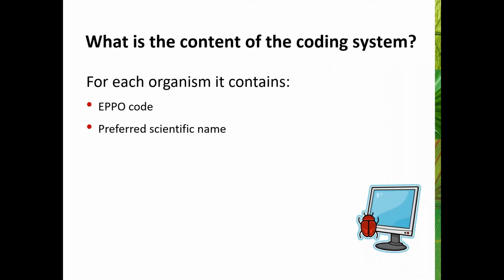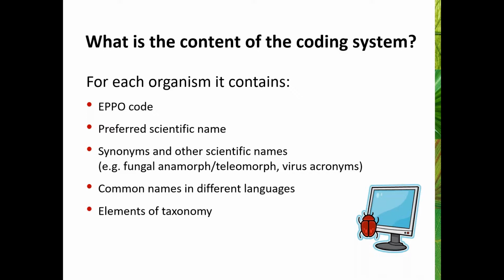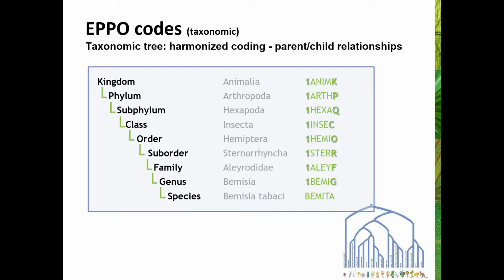We have, of course, the scientific name, the preferred one, a number of synonyms if they exist, or other scientific names to describe morphs, for example, or acronyms for viruses, and also common names in different languages. And we'll see also that the system contains some elements of the taxonomy.